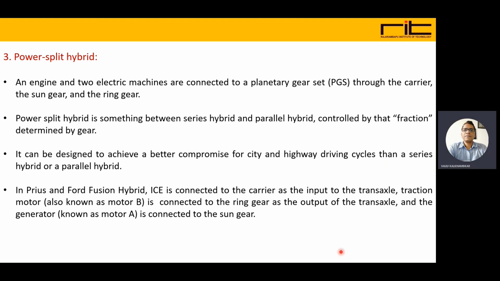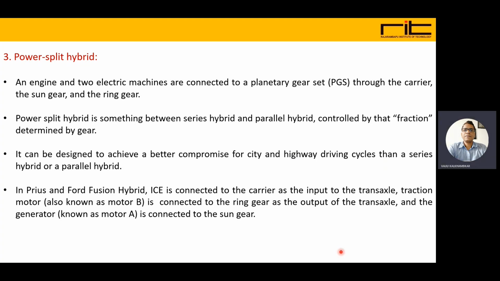It can be designed to achieve a better compromise for city and highway driving cycles than a series hybrid or a parallel hybrid. So it is well suited for highway driving, that is long driving, as well as short city driving.